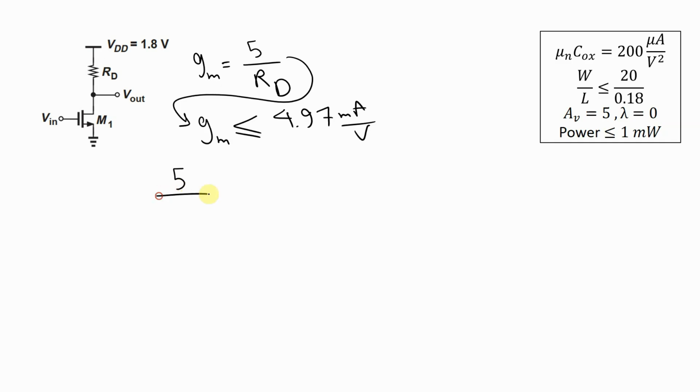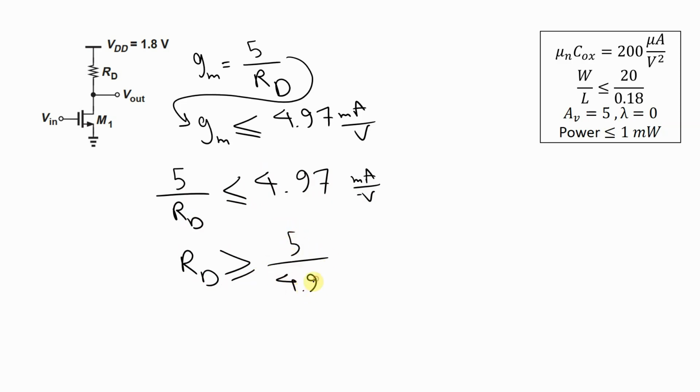Here 5 divided by RD less than or equal to 4.97 milliamp per volt. So by using simple calculation you can get that RD is greater than or equal to 5 divided by 4.97, which equals 1.006 kilo ohm, because this is in milliamp per volt, so this is in kilo ohm.